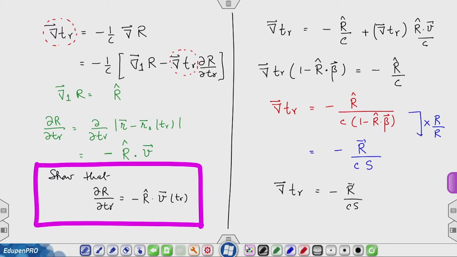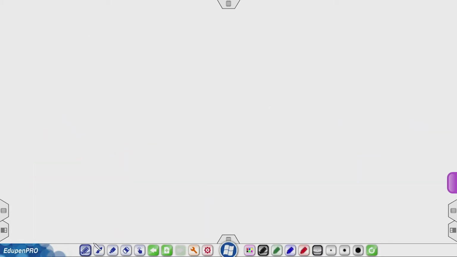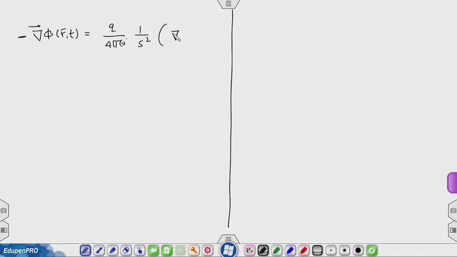Having done all this, I can now write therefore grad of phi(R,T) with a minus sign in front equals Q over 4 pi epsilon 0 1 over S square, grad 1 S plus grad TR del S by del TR, which equals Q over 4 pi epsilon 0 1 over S square.